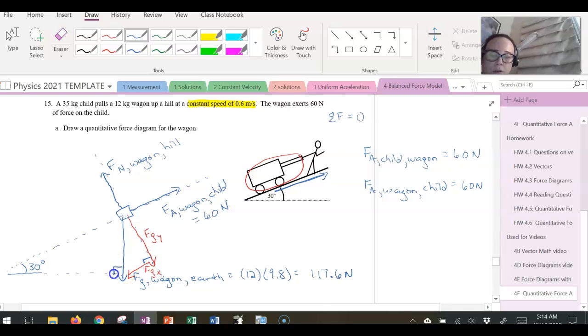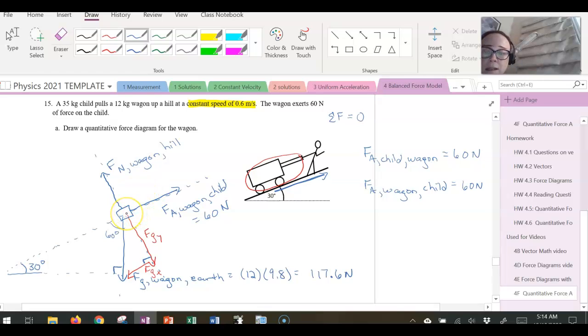So this is a right triangle right here where the force of gravity goes into the ground. And so I can just start doing a little bit of tracing of the angles. You know, if this angle is 30, this angle must be 60, right? Because all of the angles of a triangle have to add up to 180, okay?